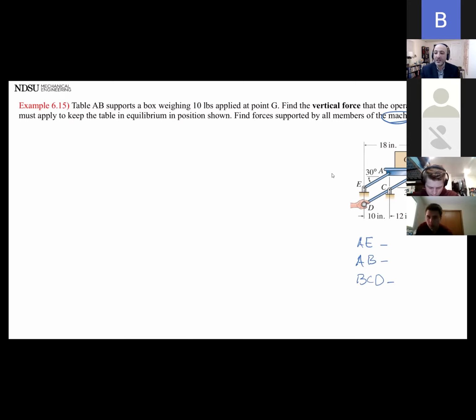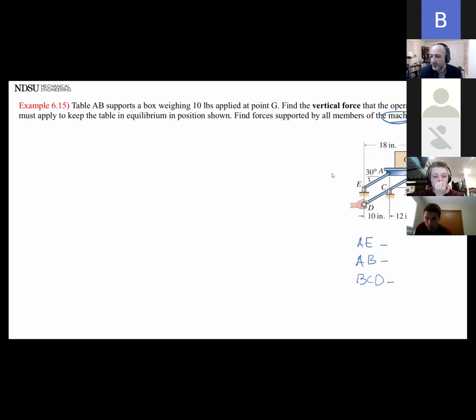So let's look at it. AE. What is that one? Isn't it a 2-force? It is a 2-force, okay.